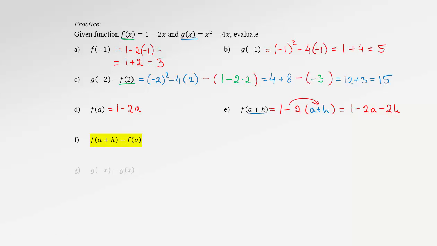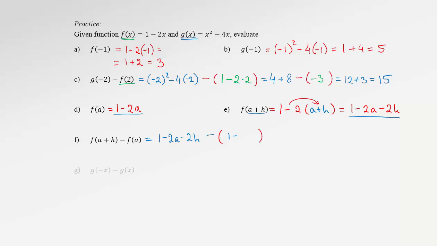Now let's look at this exercise. Here we're asked to evaluate f of a plus h minus f of a. But we already know how much is f of a plus h. Is this much. And then we need to subtract f of a, which is that much. So let's put this together. 1 minus 2a minus 2h. We subtract. Make sure you open a bracket here, because we subtract more than one term.